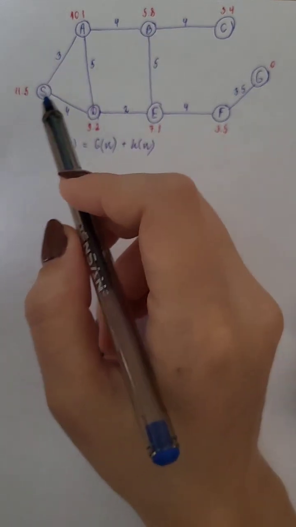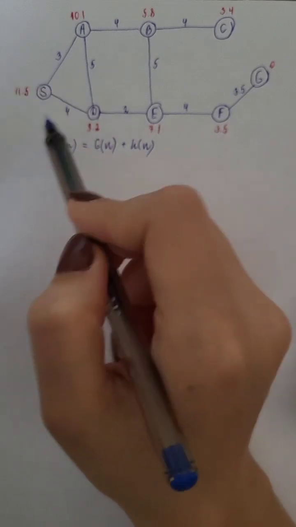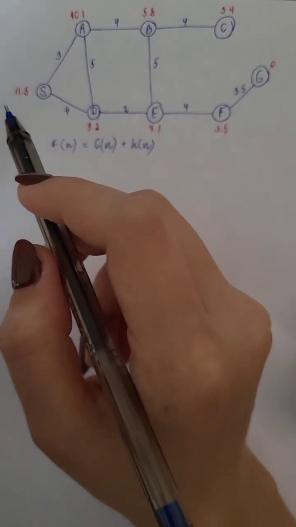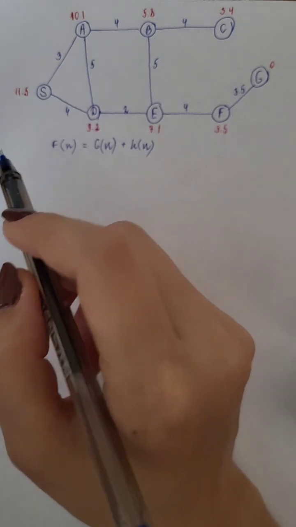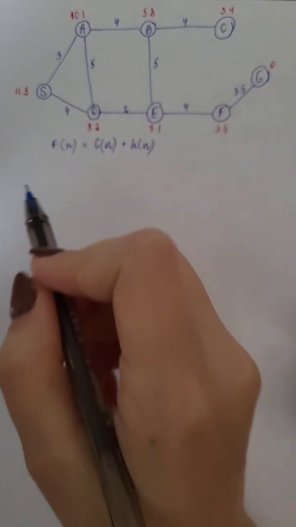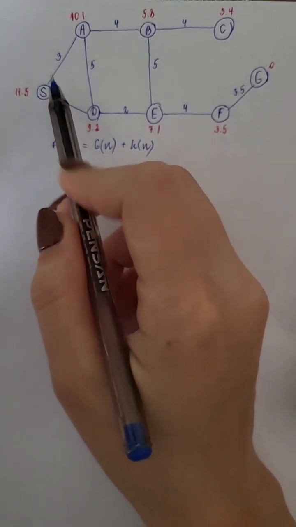So for every node we have a heuristic value, and as well as between a pair of nodes we have distances here. Using this, we have to find the path which will give us the minimum cost, starting from S to G. So I will start with the initial node, S.